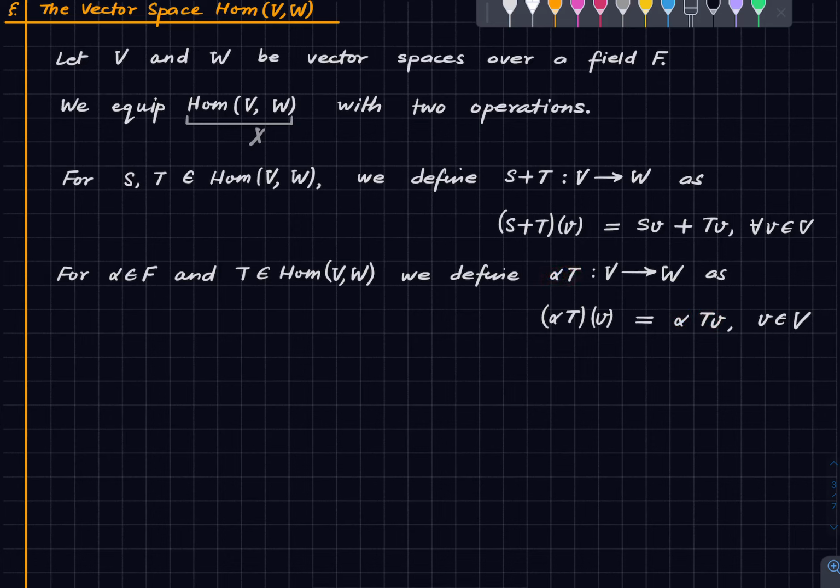So one can check that S plus T is a linear map and alpha T is a linear map. So check that S plus T and alpha T are both linear maps from V to W. And further check that this is a vector space over F under the operations just discussed.